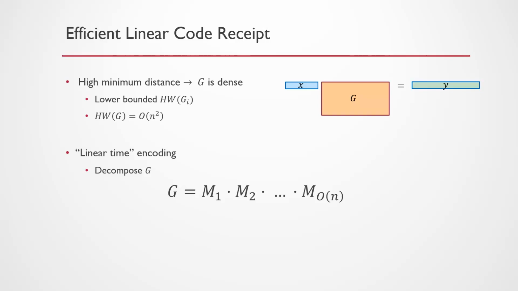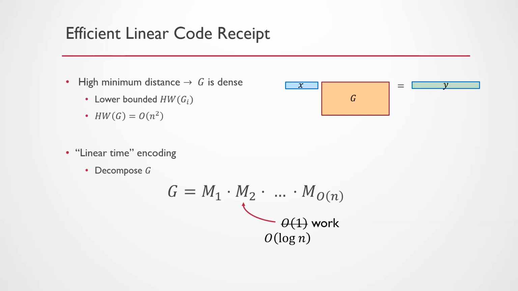And so one way to view this is that, I mean, there are different techniques for different codes, but the technique we take is instead of viewing G as a monolithic matrix, you can decompose G into a linear number of steps, and say each one of these steps can take constant time. And instead of doing matrix vector multiplication as a whole, you do a sequence of matrix vector multiplications where each only requires constant work.